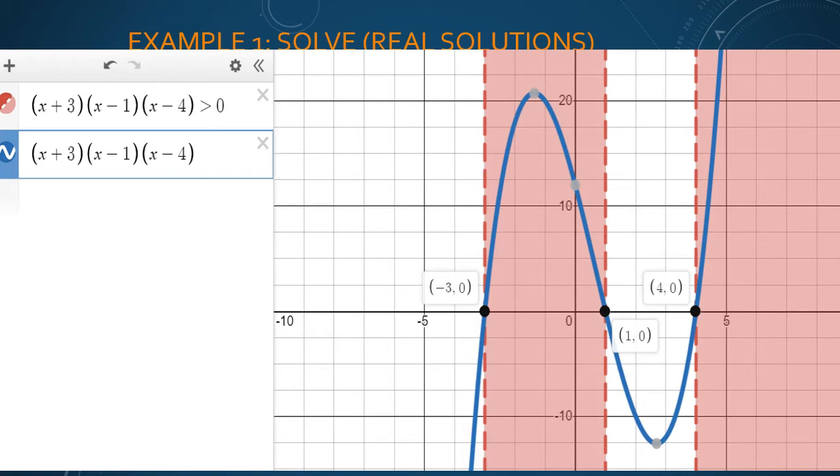So that's a visual of what we're going to try to do algebraically. Now this one's an easy one to graph. You could graph this and then based off of the graph, give me the solutions. That is a possibility, but for those that don't like graphing, or sometimes this one's easy because I've already factored it for you, other times it might be a bit more difficult to know what the graph looks like.